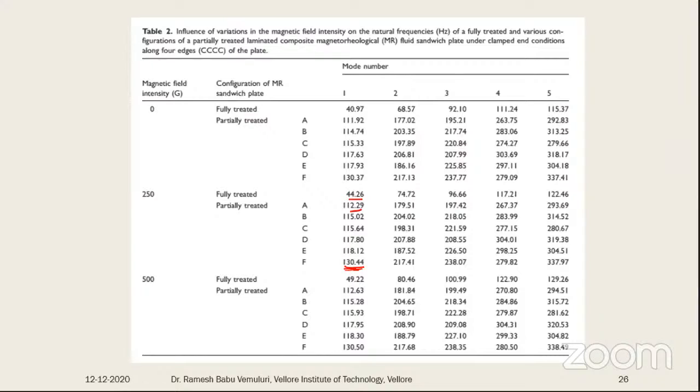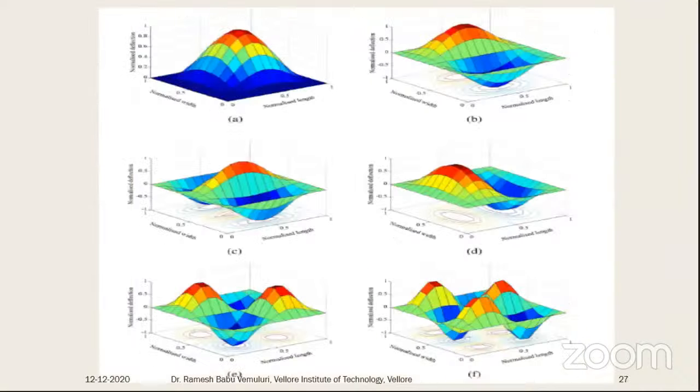And if you see this composite without using any smart material like the magnetorheological fluid or the elastomer, obviously it can't give this much natural frequency and this much damping. So here one more thing is that we can increase its damping property also. These are the various mode shapes for the clamped condition, all four sides clamped.